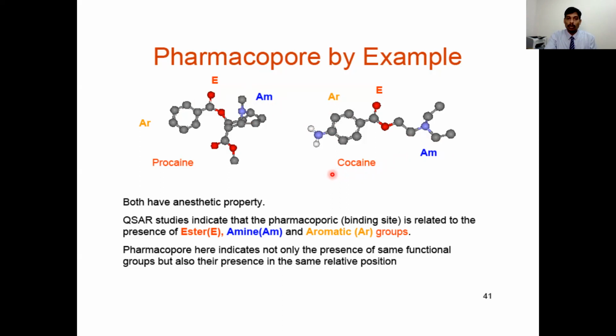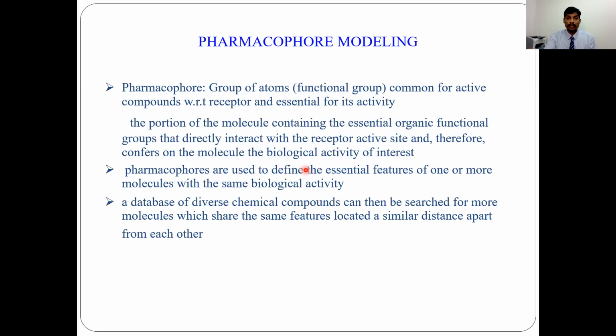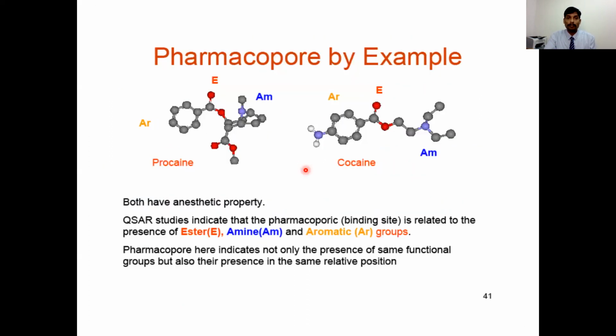So let's say this is cocaine, which is a naturally available molecule in some of the plants, which has a drowsy effect. So based on that, you can synthesize another molecule which can give a similar effect and have a drug kind of effect, like anesthetic property.